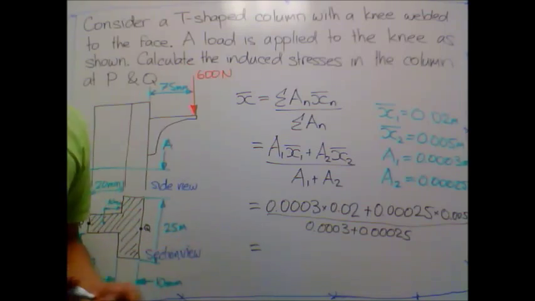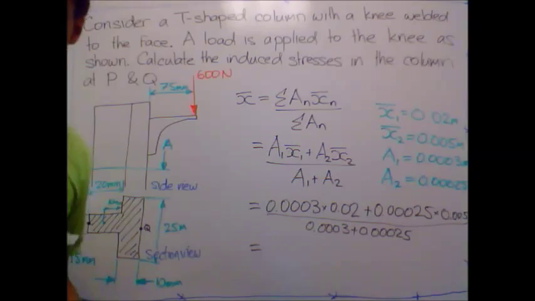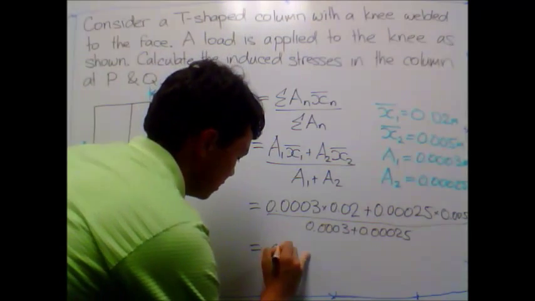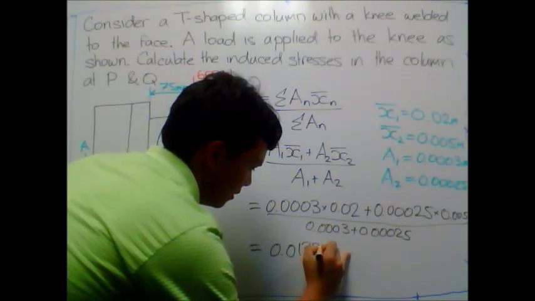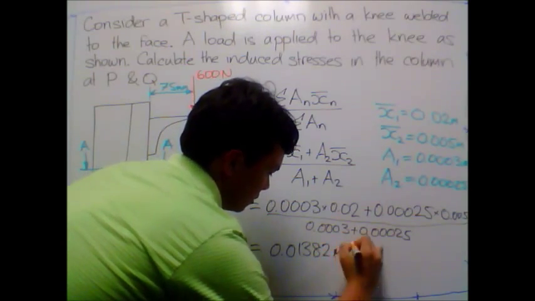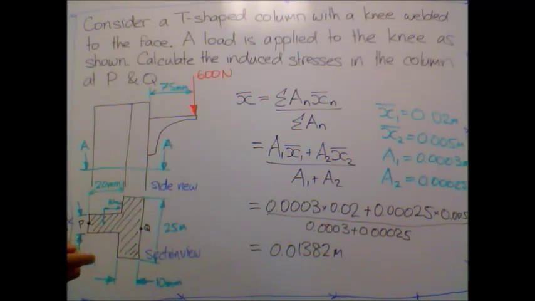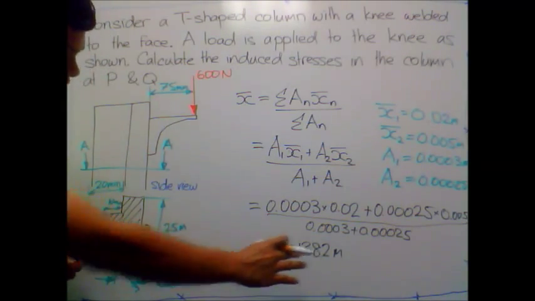Putting this into a calculator, we get our value for x bar. In this case I get my value of x bar equal to 0.0138 meters. What this means is that the distance from here to the center of mass of my shape is 13.82 millimeters, or 0.01382 meters.